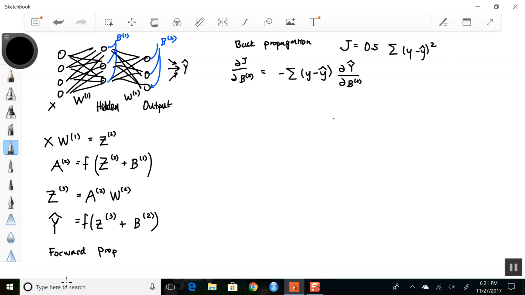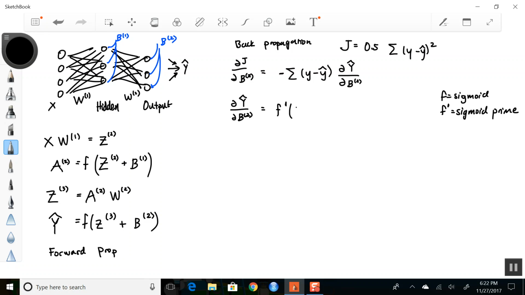So to figure this part out, how does y hat change with respect to the second bias matrix? This requires the derivative, so we've got f prime, where f is the sigmoid, and f prime is the derivative of the sigmoid function.